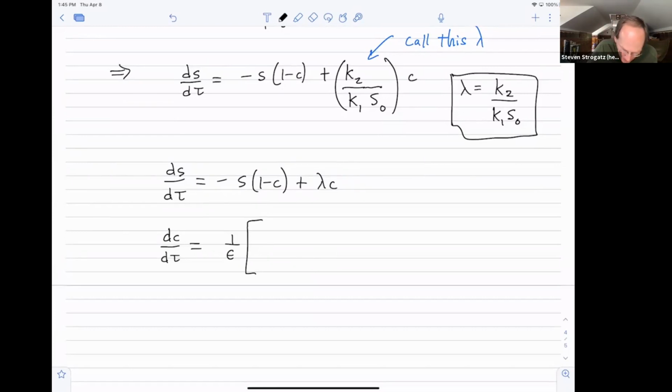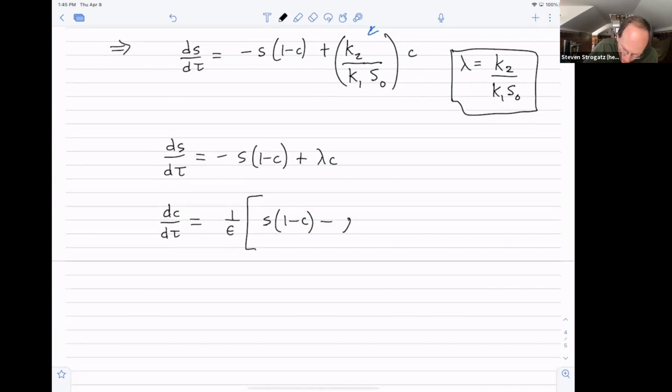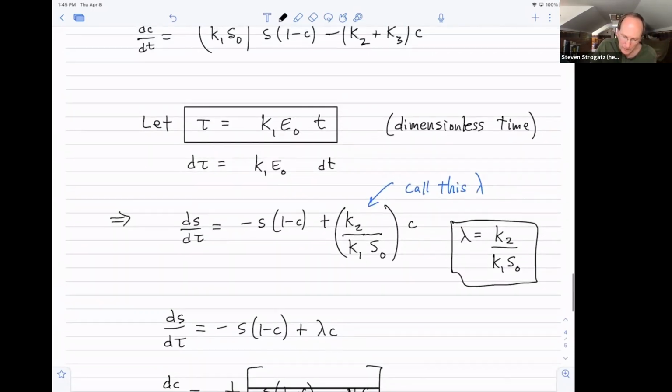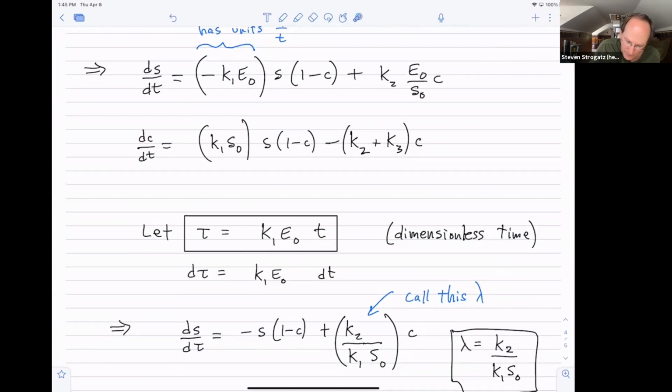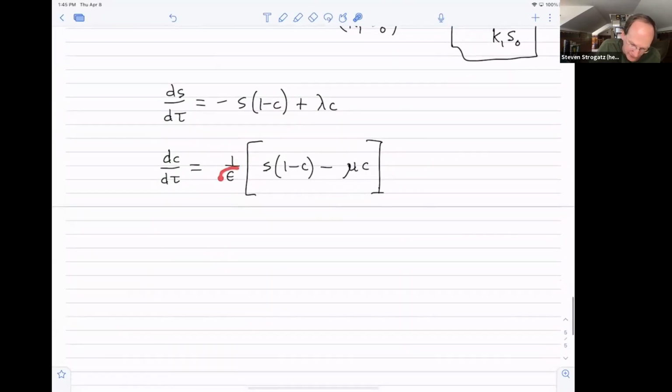And then it comes out to be s times 1 minus c minus another dimensionless group, which I'll call mu, times c. If you work out the algebra, you have to account for the epsilon to make the epsilon be outside of the whole bracket.